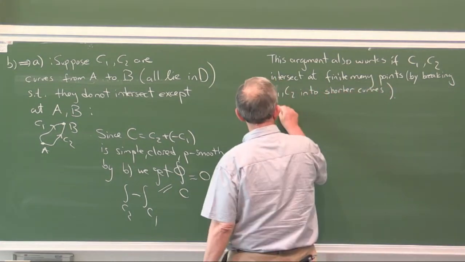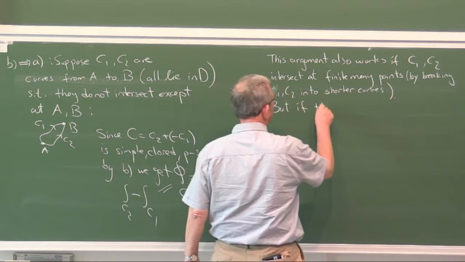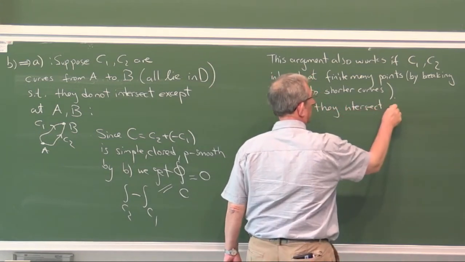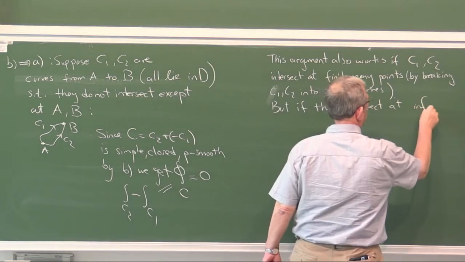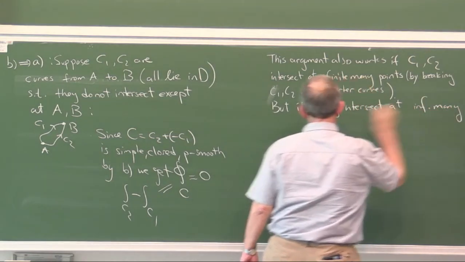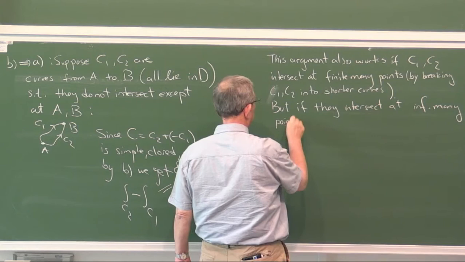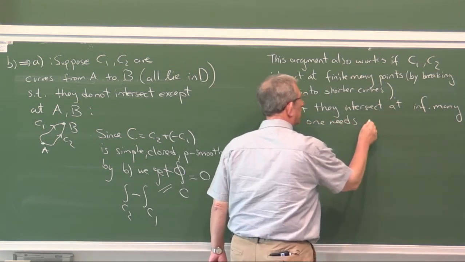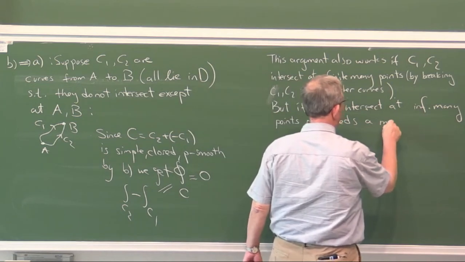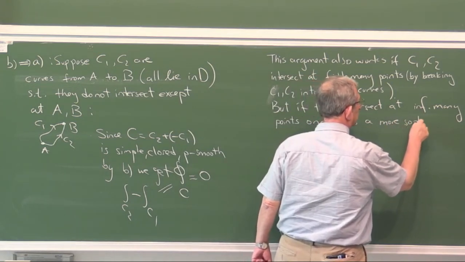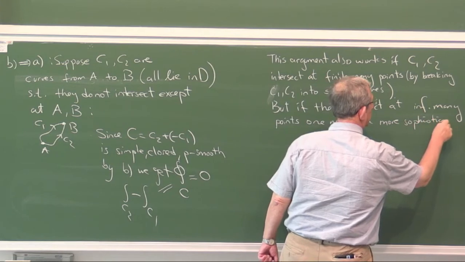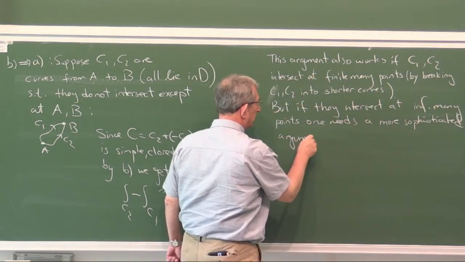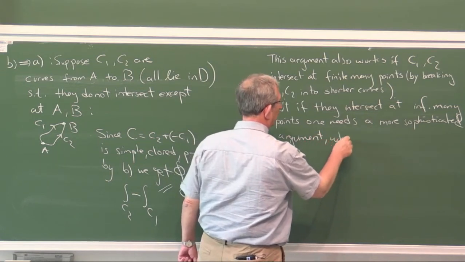But if they intersect at infinitely many points, one needs a more sophisticated argument, which is still correct, but we will omit it.